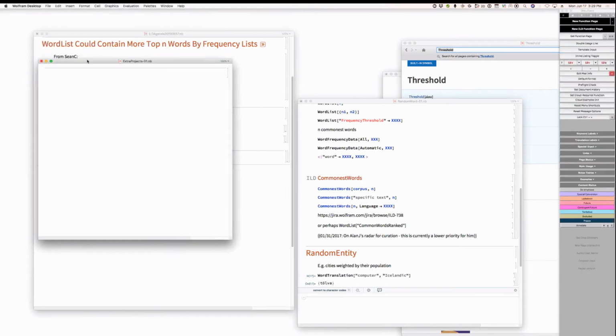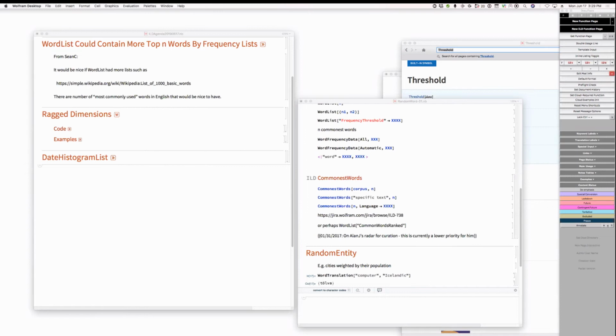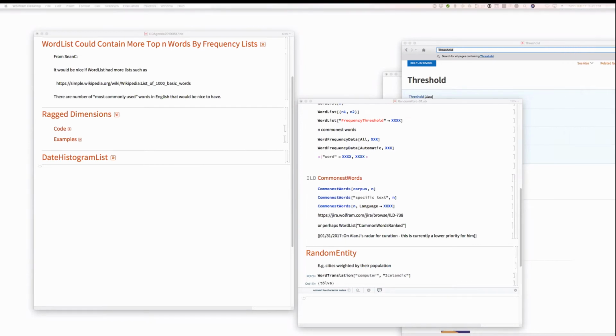Okay, so this is word lists for more obscure languages and topic word lists for specific topics. Okay, all right.